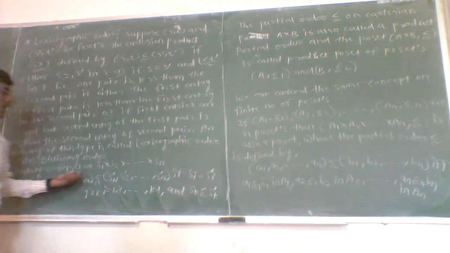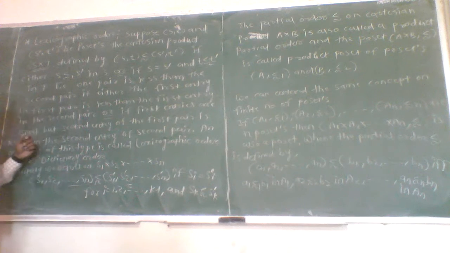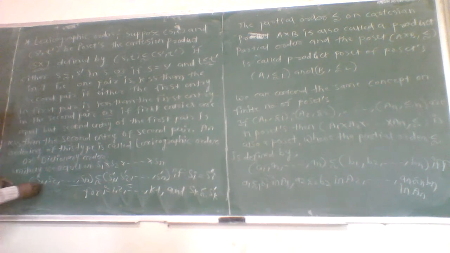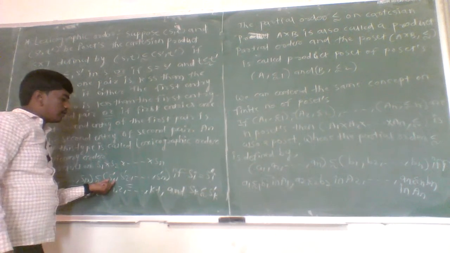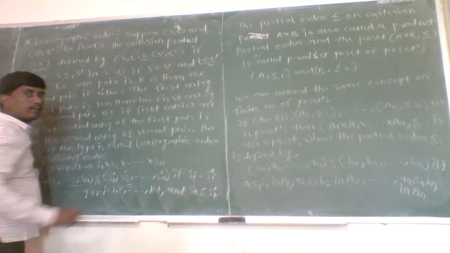Here, how will you check whether the first term precedes the second one or not? By lexicographic ordering. We first check whether the first entry of the first pair precedes the first entry of the second pair. If S1 precedes S1 dash, then we can easily say that the first precedes the second.